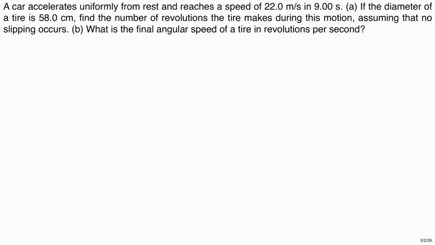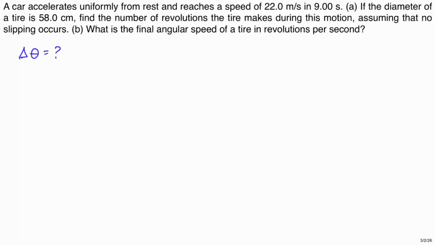So what are they asking for? They're asking for number of revolutions of tire. What's the symbol for number of revolutions of tire? Omega? Nope, that's velocity. No, that's time. Theta? Theta. Yeah, it's delta theta.